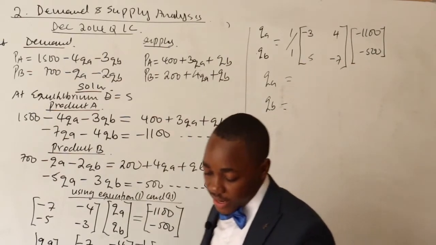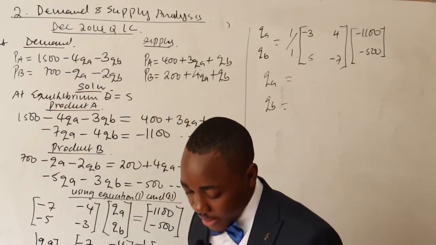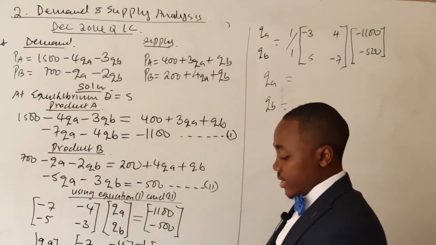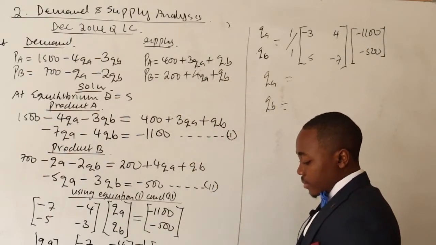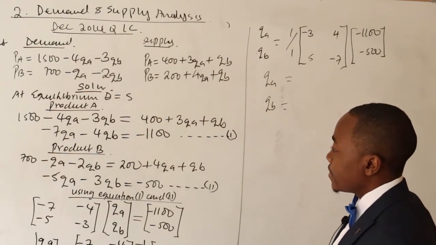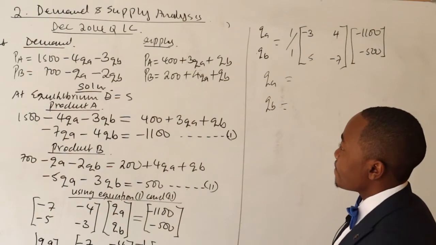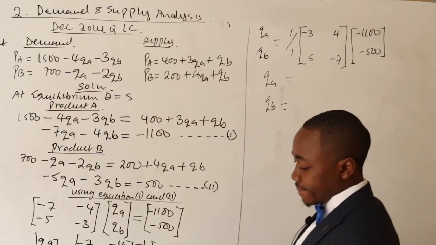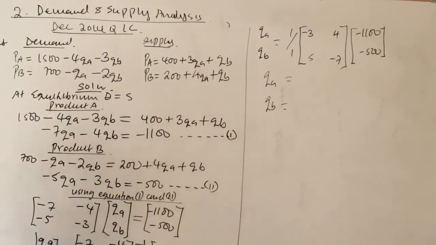So that means our QA and our QB. In this case, we are looking at the quantity. So what do you get there? So that's 1, 1. And what had we gotten here?